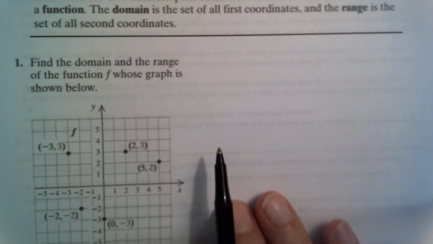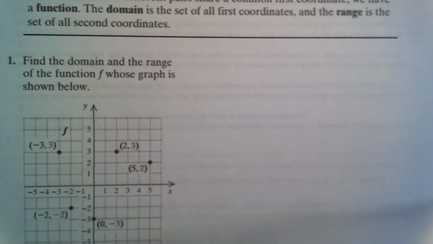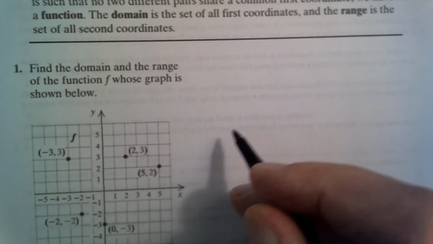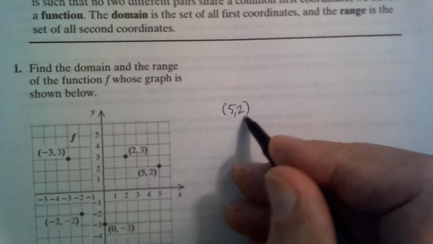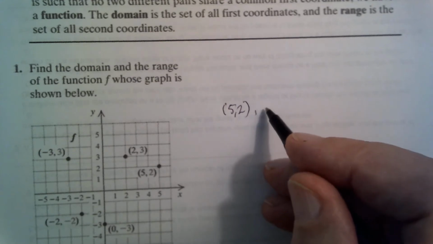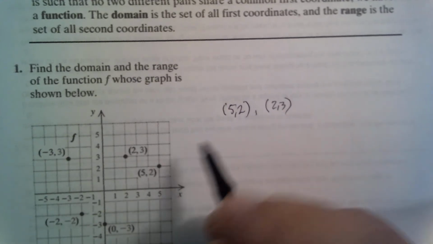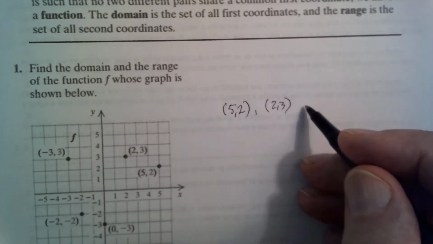What does the function look like? It consists of ordered pairs, and that's what we're going to look at here. Let's write down the ordered pairs. Starting in quadrant 1, we have (5, 2) and (2, 3). In the second quadrant, we have (-3, 3).